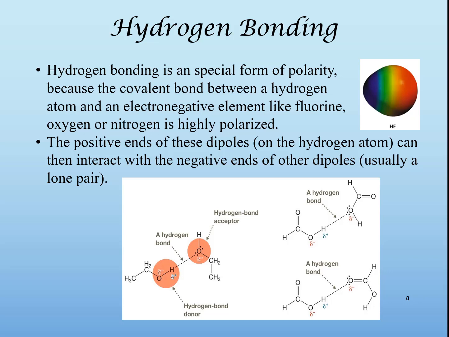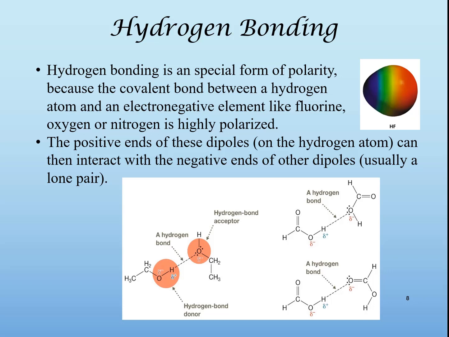The diagram shows the interaction of water molecules, or in this case, ethanol, where one ethanol molecule acts as a hydrogen bond donor, and another ethanol molecule acts as a hydrogen bond acceptor.